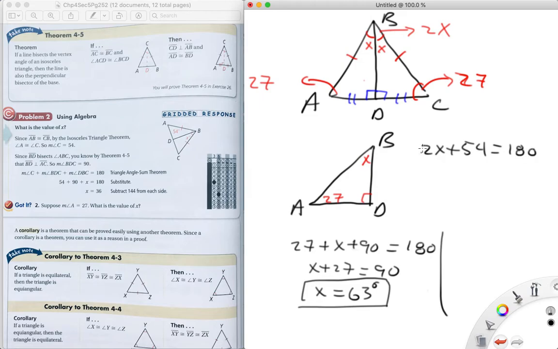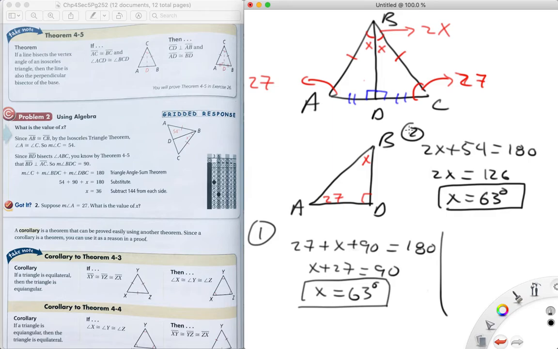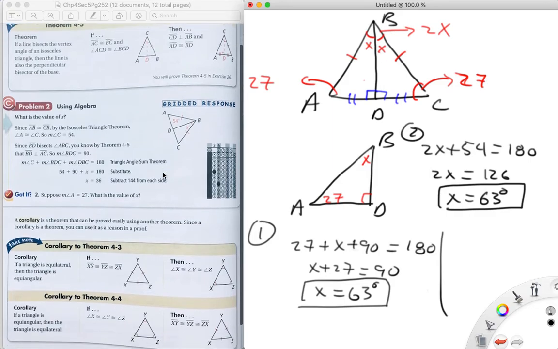This is what I would have done. Then it would have been 2x equals 126, and then x equals 63. Again, you would have gotten the same thing either way. I just decided to show you an alternate route. Okay, so method number 1, method number 2. All right, so 2 more.